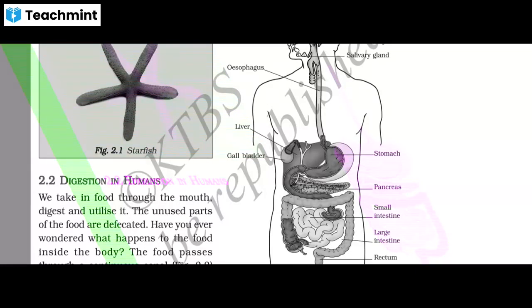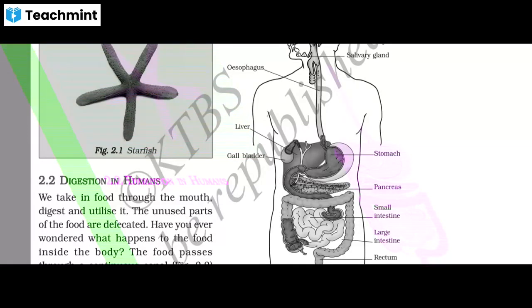If I make my group, I think of people who are like-minded and comfortable with me. But cells form a group differently: the cells which have the same structure and function form a group, and that group of cells is known as a tissue. Then a number of tissues form one organ, and a number of organs make an organism. Here the stomach is an organ, the pancreas is an organ, the small intestine, large intestine, rectum and liver are all organs. A group of organs makes the organism.